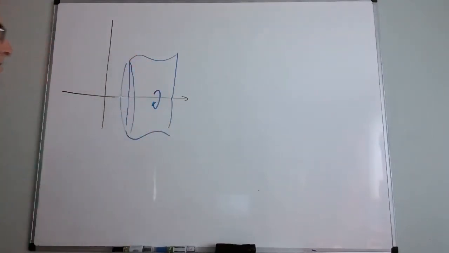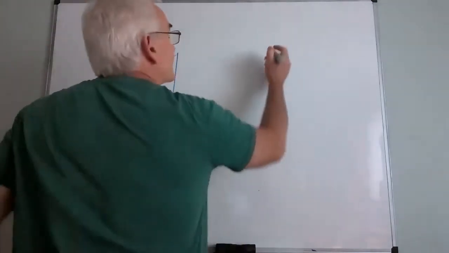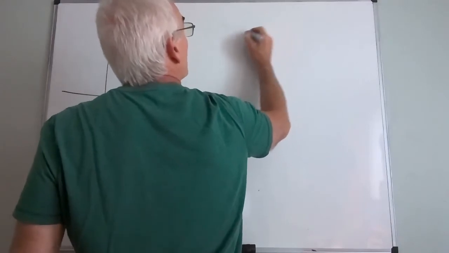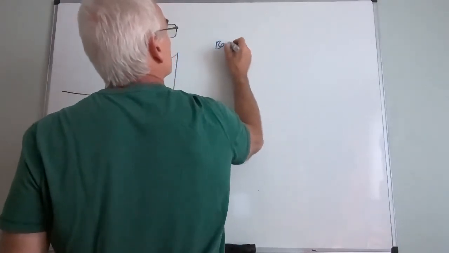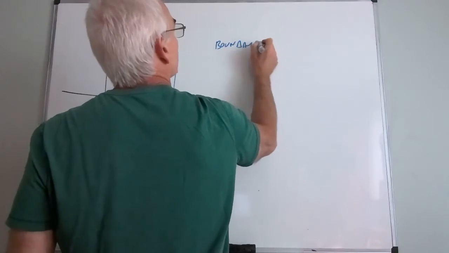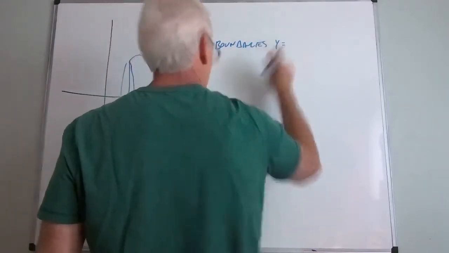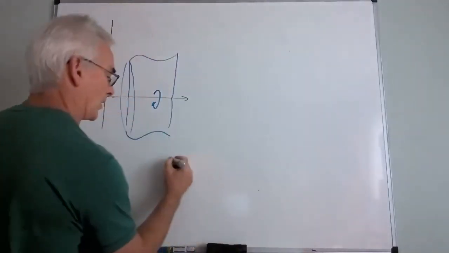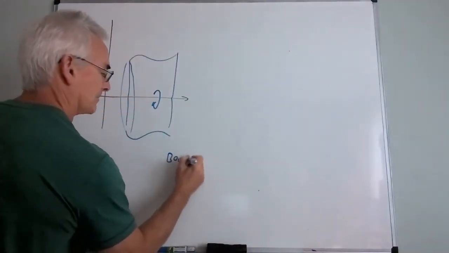So I've got this thing, whatever it is, candle holder, I don't know. All right, so now here's what we have. We have the boundaries. Oh, shoot, I'm not going to have enough room, sorry. I'll put it way over here. Boundaries.